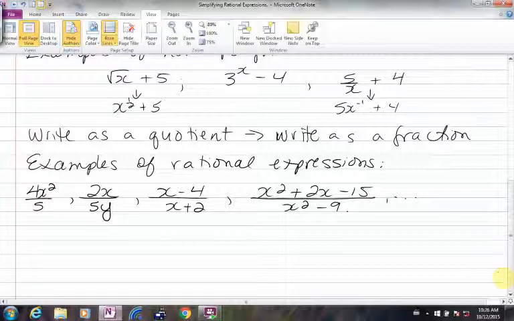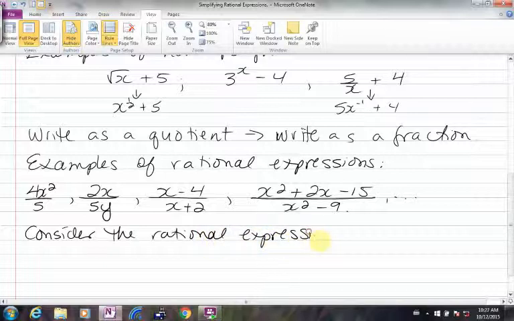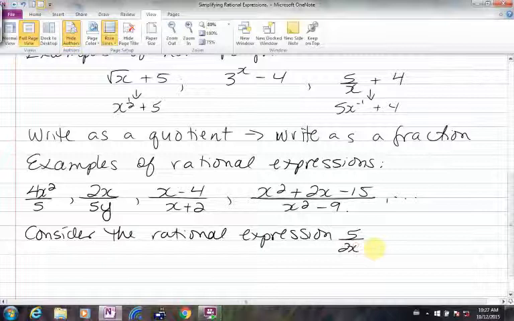Okay. So, let's consider the rational expression 5 over 2x. Is a rational expression, agreed? It's got a monomial numerator, monomial denominator.